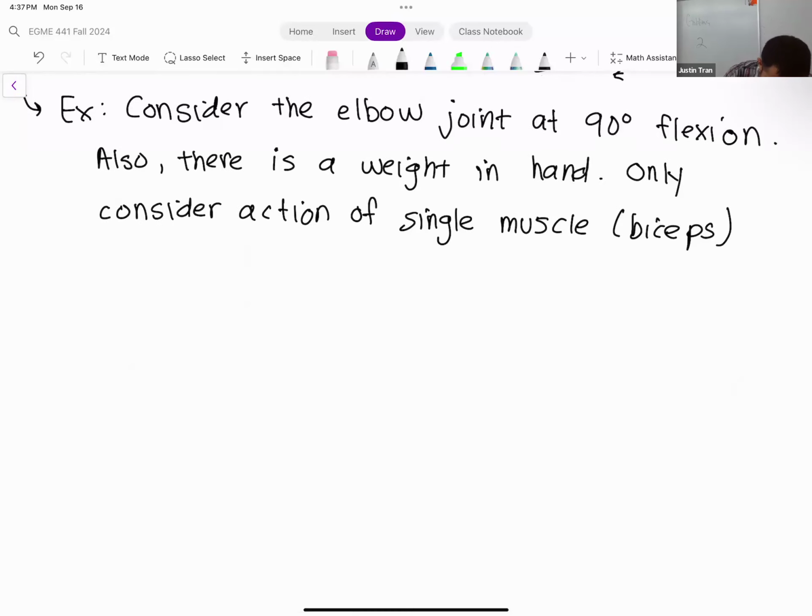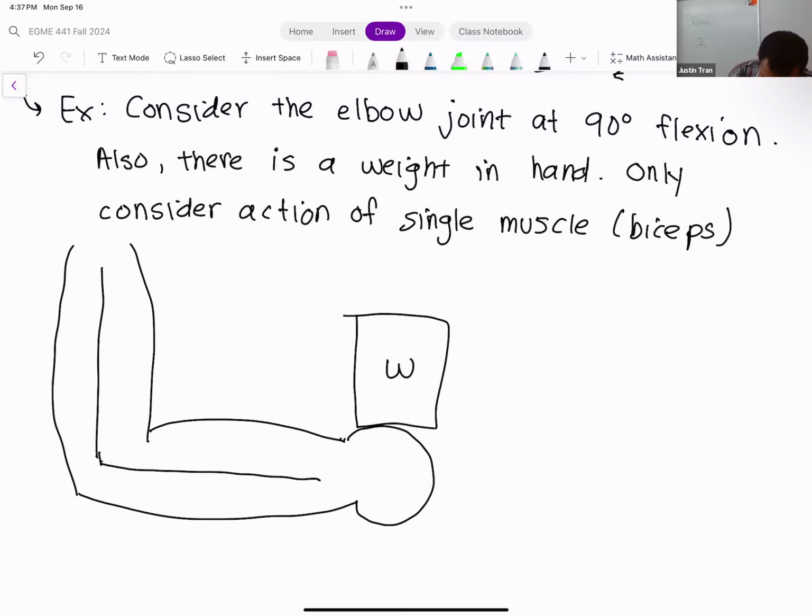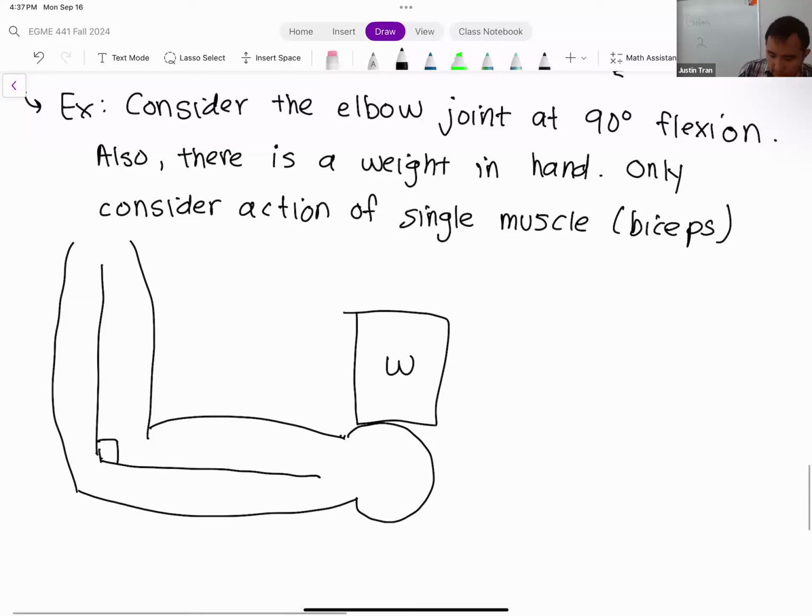Okay. So let's draw a picture. So let's draw someone's arm like this. So let's say they're holding some kind of weight. Okay. That weight has a weight of W. Okay. And you can see from this image here that we are at 90 degrees flexion. Okay. So there's a perfect right angle at your elbow joint. All right.